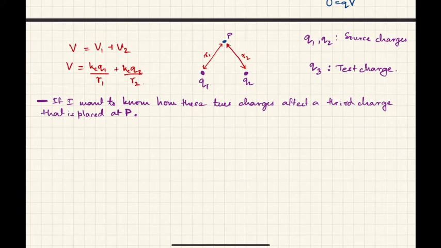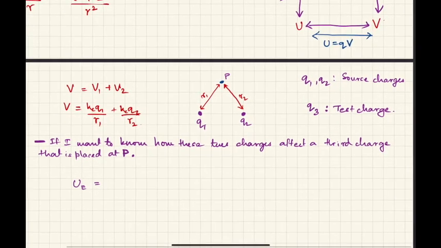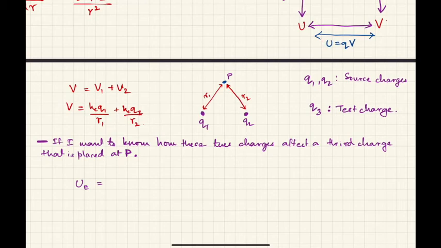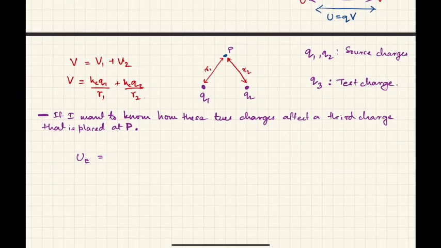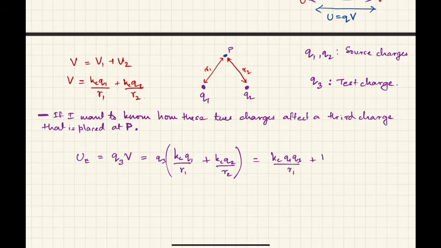So if I wanted to do that, then I could, for example, calculate the potential energy, and if I go back to this relation that we've written up here, then I would say that the potential energy is given by Q3 times V, which is, if I substitute all of this back in, Kc Q1 by R1 plus Kc Q2 by R2, and if I expand the brackets, that becomes Kc Q1 Q3 by R1 plus Kc Q3 Q2 by R2.